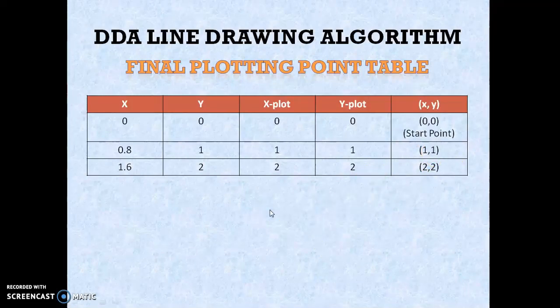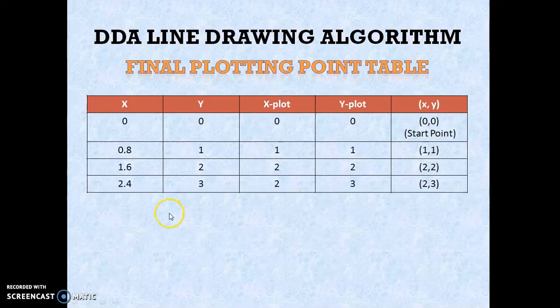So on, in the next phase, x will be incremented by 0.8 and it becomes 2.4. Y is incremented by 1, so it becomes 3. If we round up the value of x, it becomes 2 and the floating point is 2, 3.